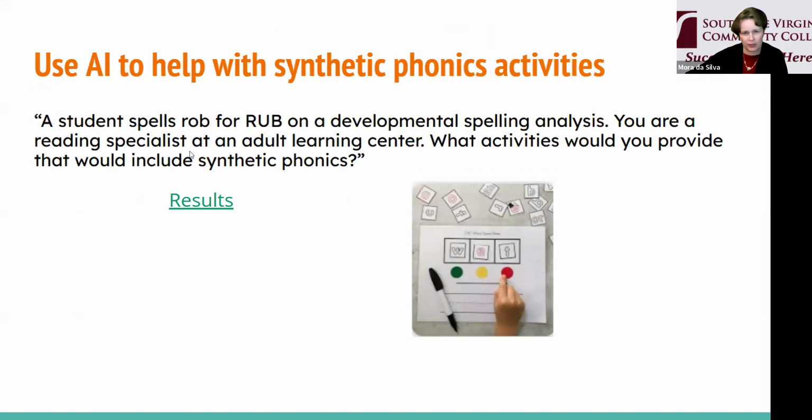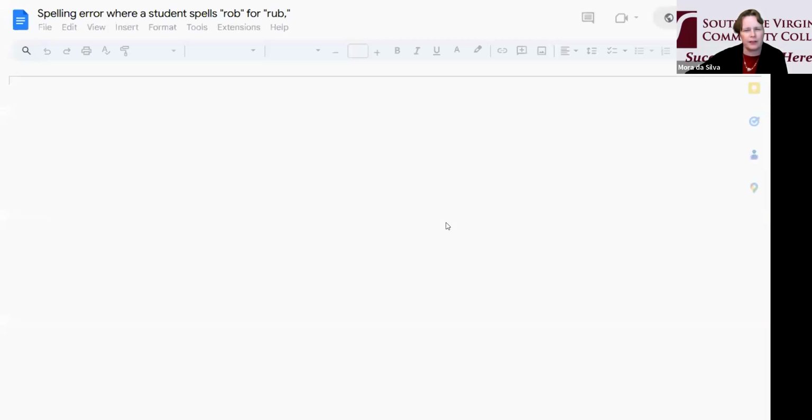You are a reading specialist at an adult learning center. What activities would you provide that would include synthetic phonics? And remember, synthetic phonics is where the words, the letters, the sounds are isolated and then blended together. So your student is synthesizing the sounds. Okay, so these are the results that I got for that.